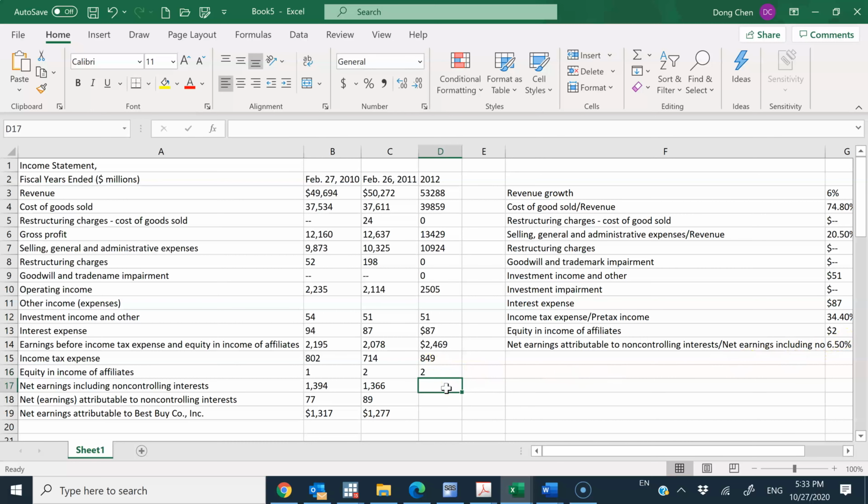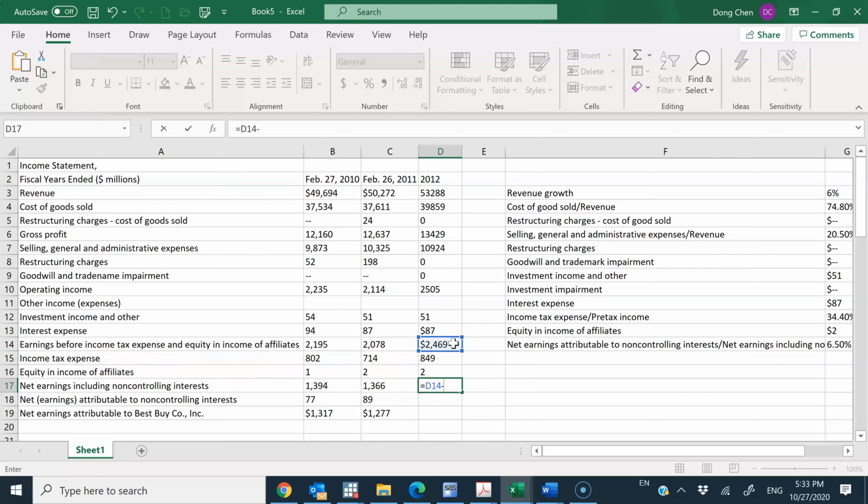So now net earnings, including non-controlling interest, is simply the sum of the after-tax earnings and this equity in income of affiliates. To get the after-tax income, we just need to subtract the income tax expense from the earnings before income tax expense.